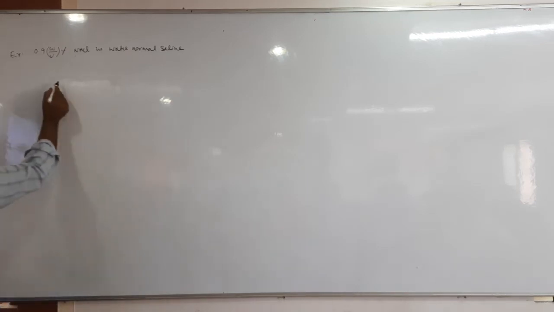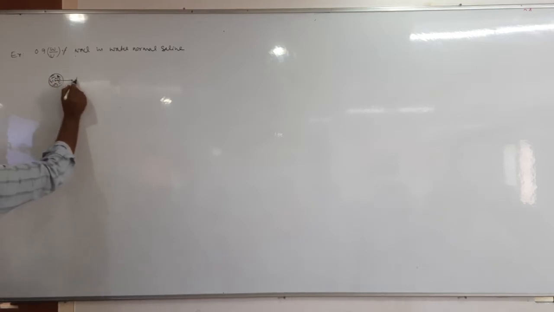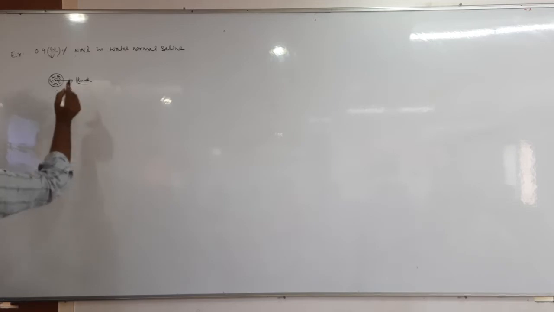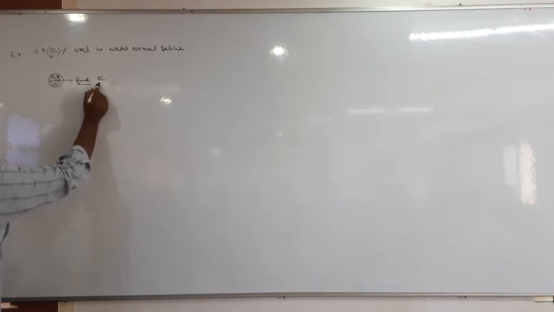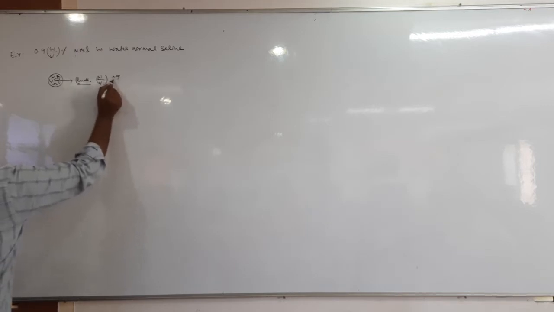So we know that RBC, red blood cells, have liquid in the cell. This is called the fluid present in RBC. This is also the same W by V. How much is it? This is also 0.9.